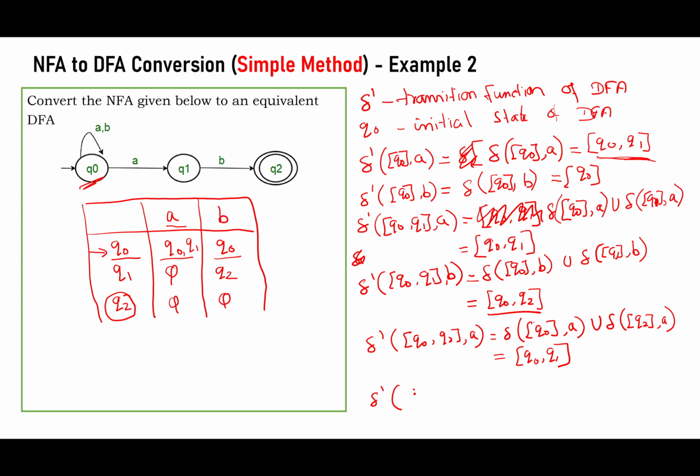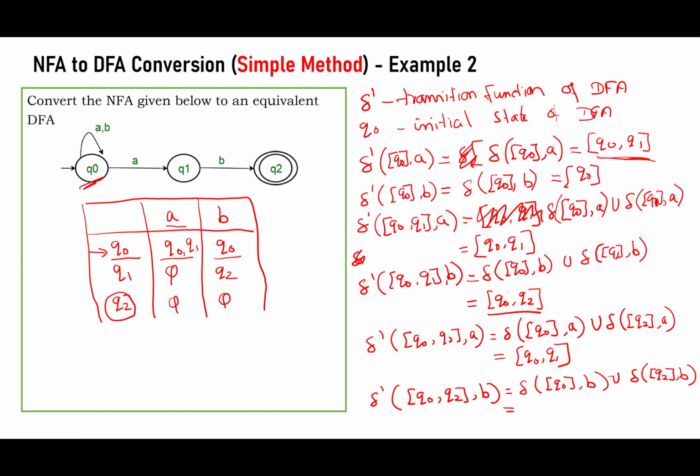Then delta dash of q0 comma q2 comma b is equal to delta of q0 comma b union delta of q2 comma b. What is q0 comma b?